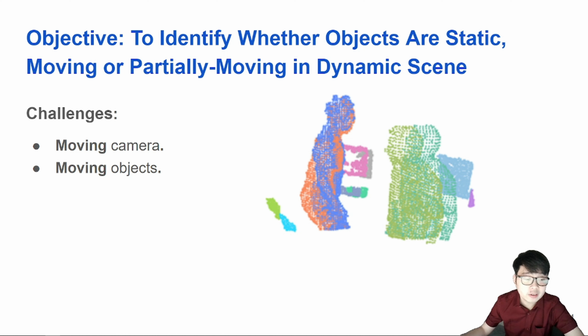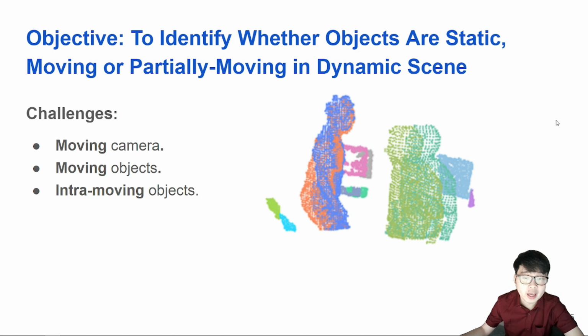For example, if we have an object that moves in the same direction and at the same velocity as the robot, it's hard for the robot to know whether that object is static from its perspective, or is really a moving object.